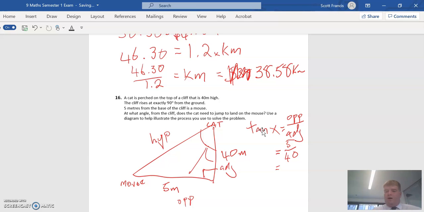5 divided by 40 is 1/8. It's going to be somewhere around 0.125, but let's just calculate 5 divided by 40: 0.125. And tan of x equals 0.125.